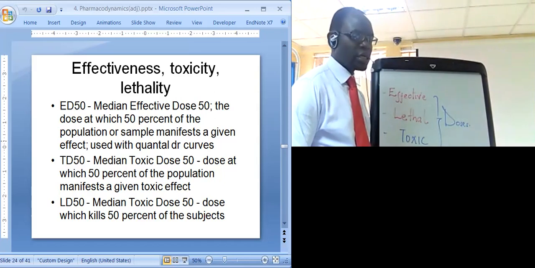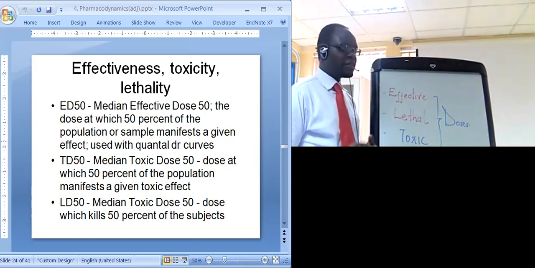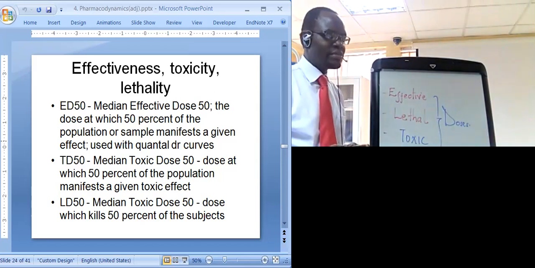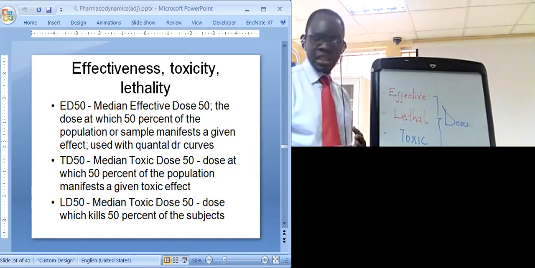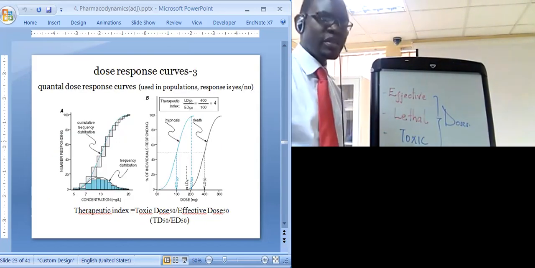The toxic dose, lethal dose, and effective dose. So the effective dose is the dose at which 50% of the population or sample manifests a given effect. Usually it is shown in terms of curves, as the curves that you have seen.